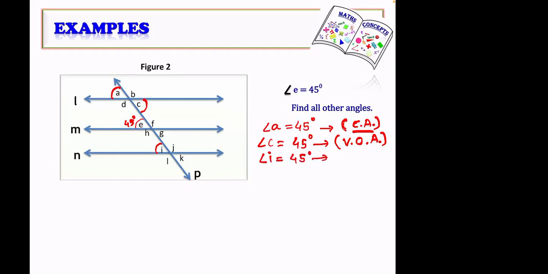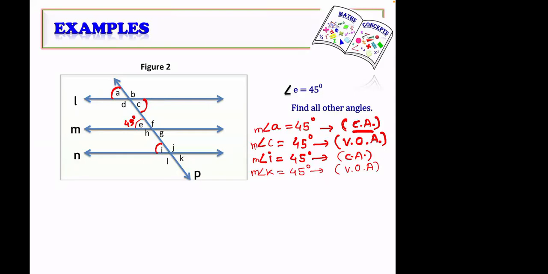Correct, absolutely right. And ma'am, K will also be the same because they are vertically opposite angles. Absolutely right. K will be 45 degrees, vertically opposite angles. Remember you have to write M here, measure of angle.